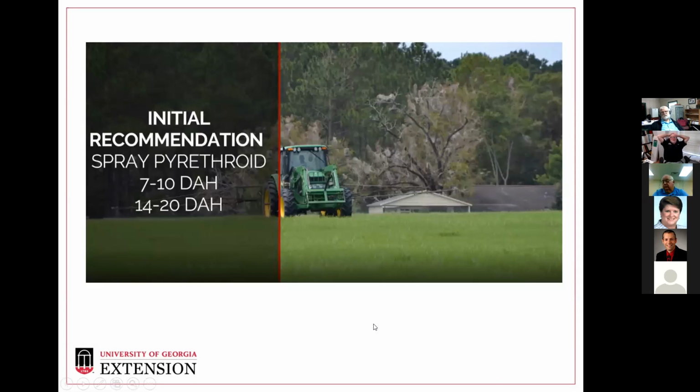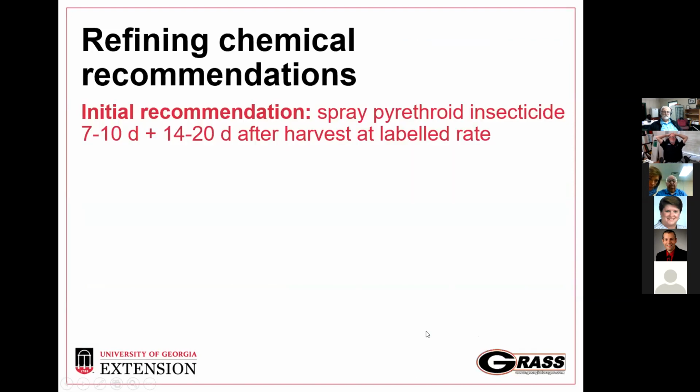So the initial recommendations based on the life cycle of the fly were to spray 7 to 10 days after harvest, and then optionally a second application for flies that would emerge after that initial application. The only recommended insecticides are the pyrethroid insecticides, used at the label rate.